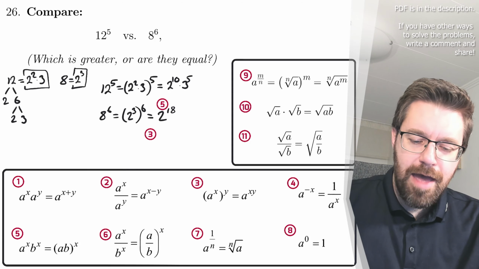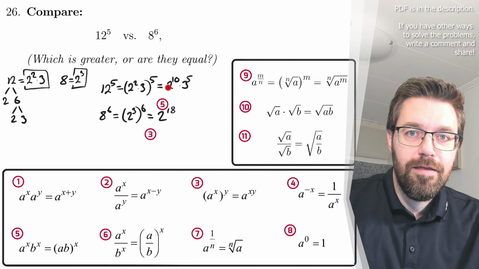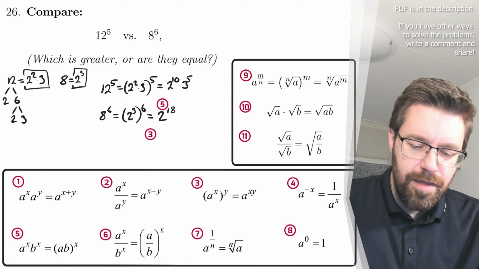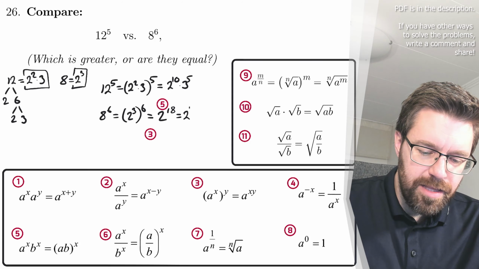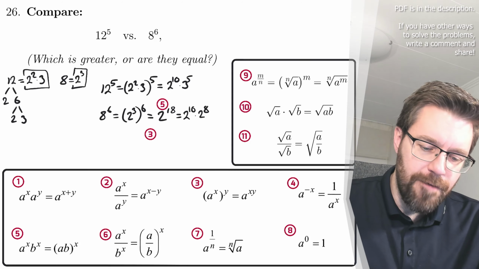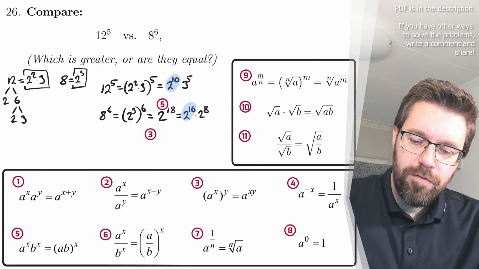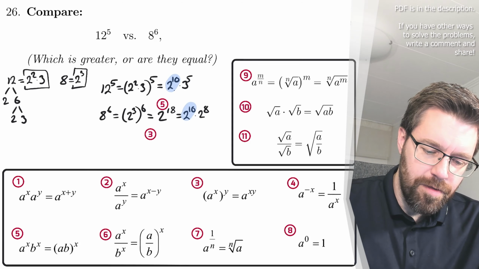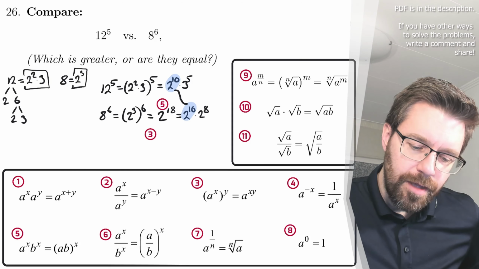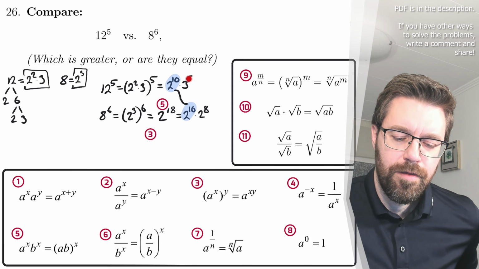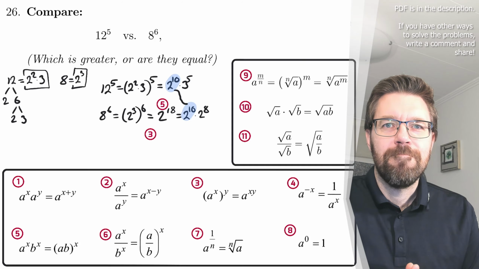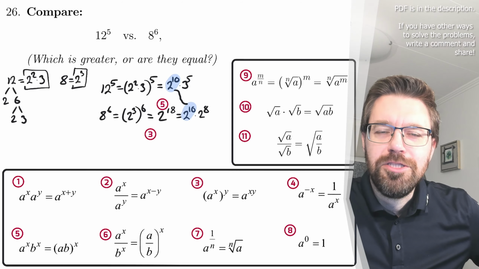And because we have 2 raised by 10, we split this one into 2 raised by 10 and times 2 raised by 8, so that we have the first factor equal in both these expressions. So this is equal to each other. So we have to compare 3 raised by 5 with 2 raised by 8. So which is greater? And I think we have to do the calculation here.